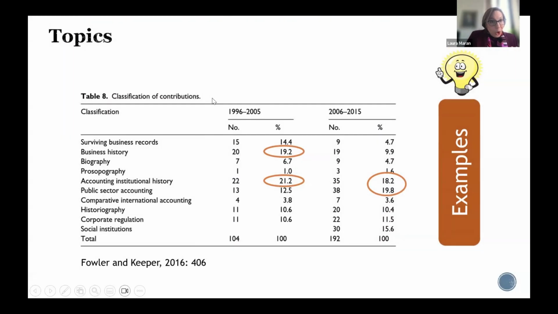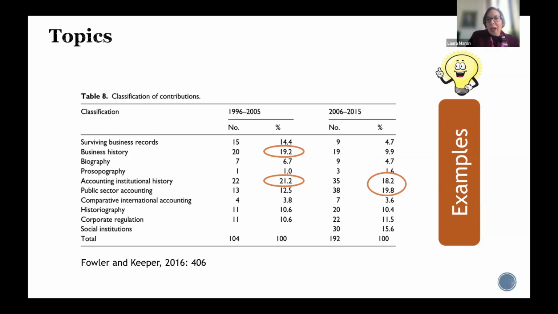In terms of topics, there are different kinds of classification of potential topics. Here I have reported a classification of contributions by Fowler and Keeper 2016. There is a long history of papers proposing classifications of topics.